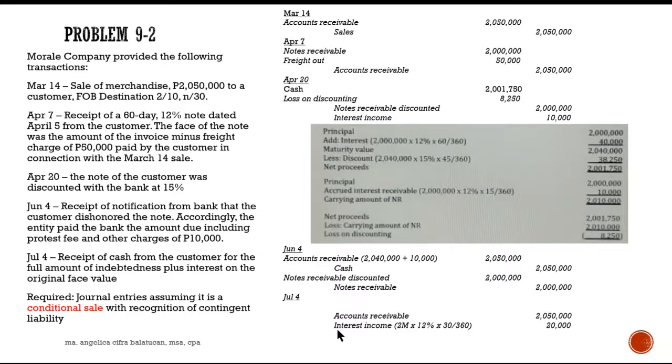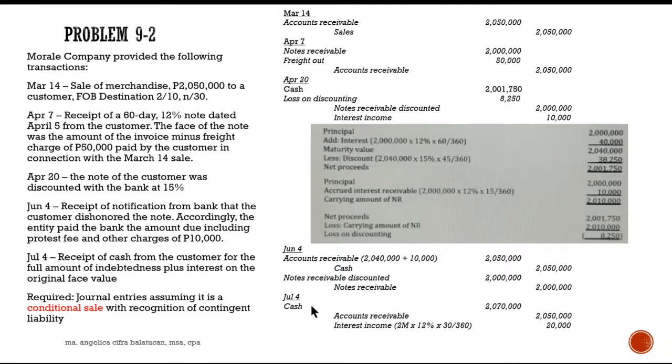So na ay additional siya nga bayron nun nga interest. So 2 million times 12% times 30 divided by 360. So that's 20,000. Again, nganong 30 days man na siya, kay 'di ba dapat nibayad unta siya June 4, unya nibayad man siya July 4, so nay 1 month nga atong kwentahon nga interest.